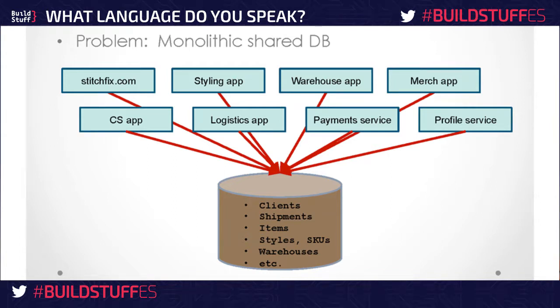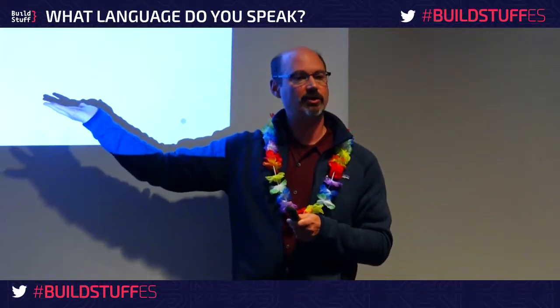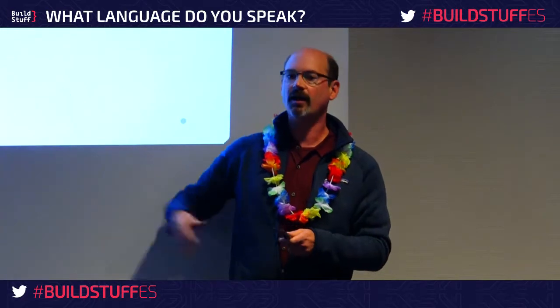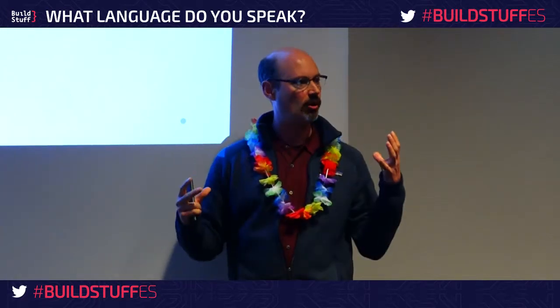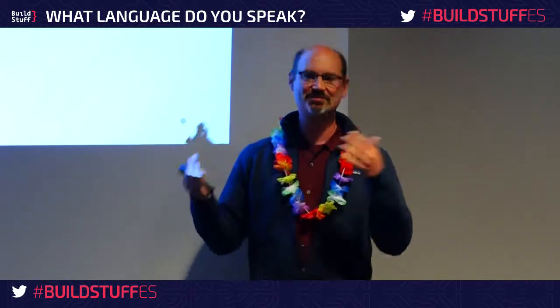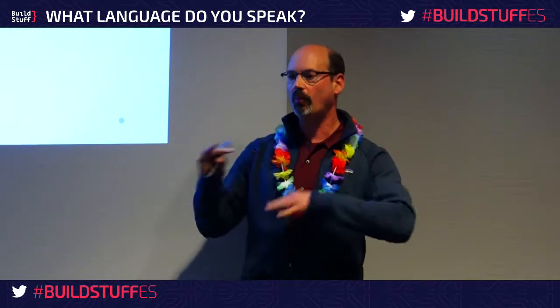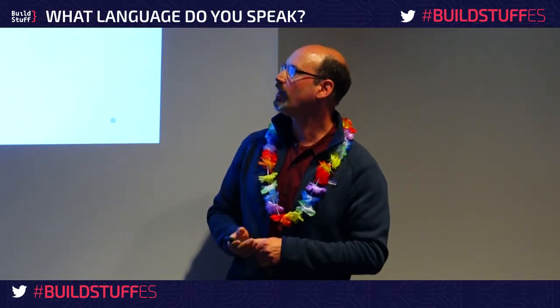If this thing goes down, everything about the company goes down, as sadly has happened many, many times. It's also a single point of failure. It's a single performance bottleneck. It's a single point of contention for all of our development teams, right? So everybody is all in each other's business, to coin a term, all modifying the same schema. So that's a problem to be solved.